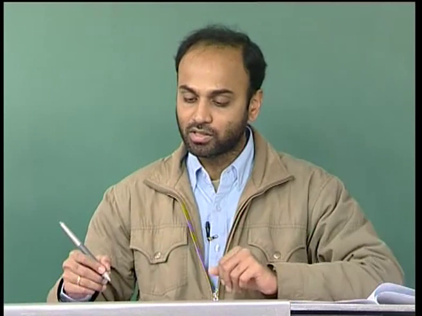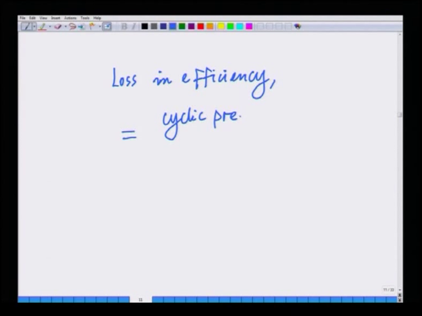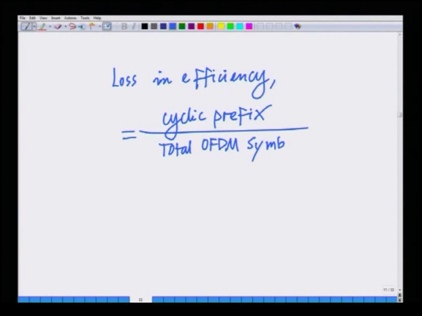In fact, the loss in efficiency is nothing but the cyclic prefix length divided by the total symbol length, which is equal to, we know that the cyclic prefix length is nothing but L minus 1.